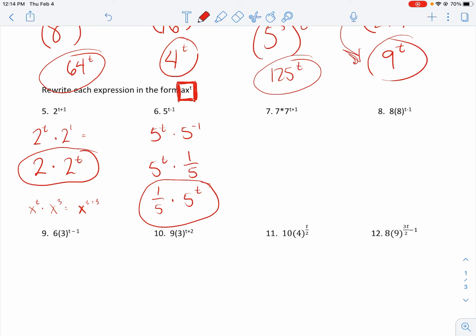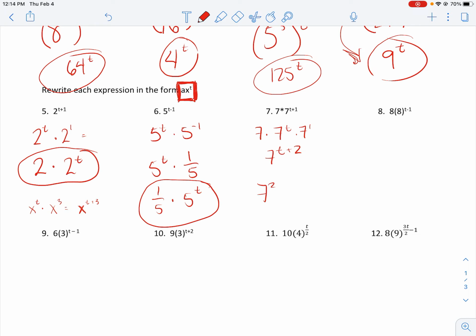Follow the same process over here, except now we've got an extra number in the front. That's okay. That's what we've got here, right? So technically, if we wanted to, this would actually be 7^(t+2). And so this is just 7^t.